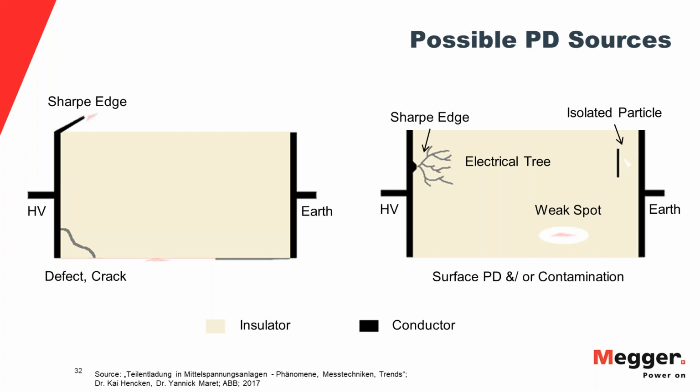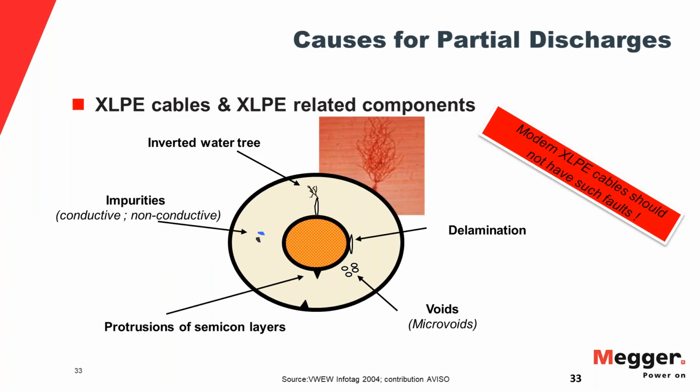And actually, you have to pay a compliment to today's cable manufacturers, let's say Nexans or even Prysmian. Today's cables are really, really good. Modern XLPE cables should not have these things anymore. And to be very honest, if you go around in Europe, Middle East, Southeast Asia, they all have similar levels of cable, and they purchase from a few suppliers.